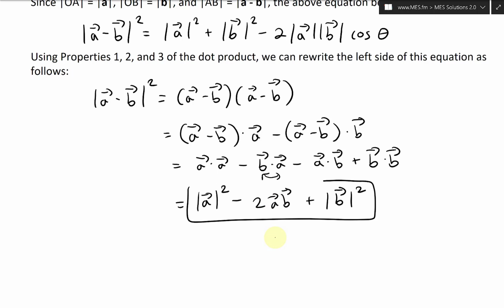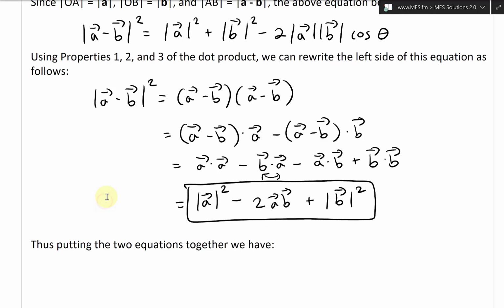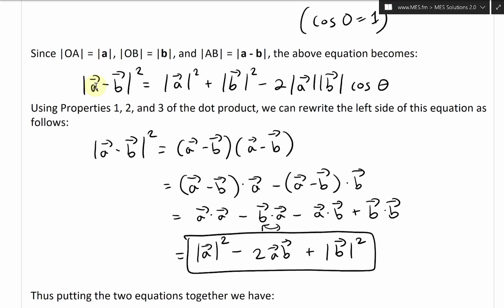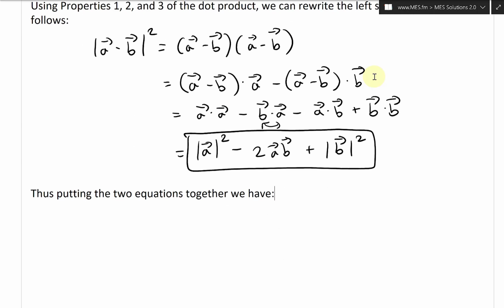Like that. All right, so now, putting the two equations together, this is the left side, and now we have this cosine law set up there. I'll just put it all for completeness first.